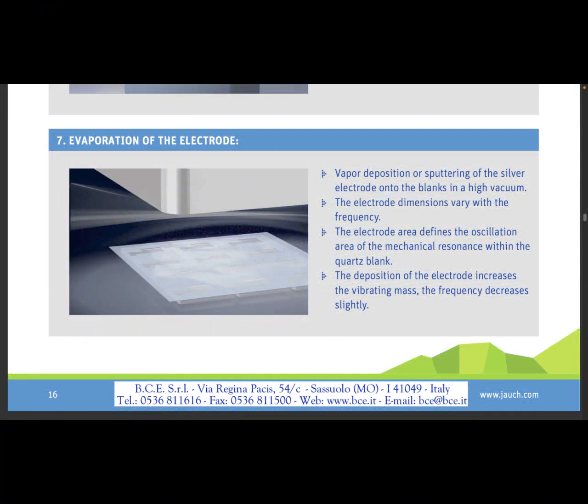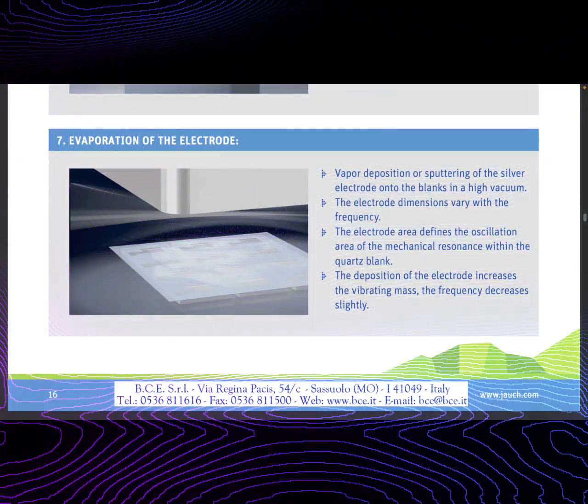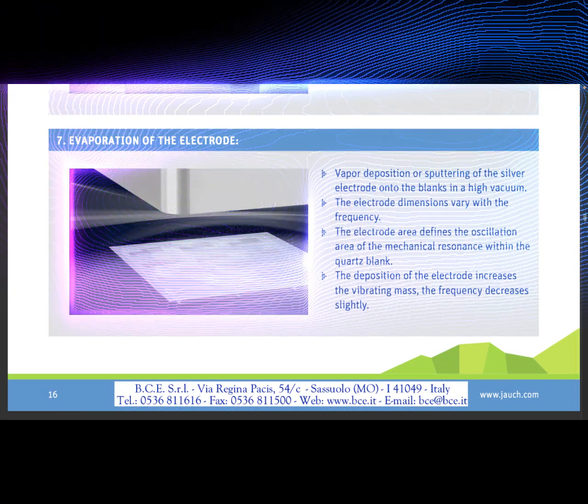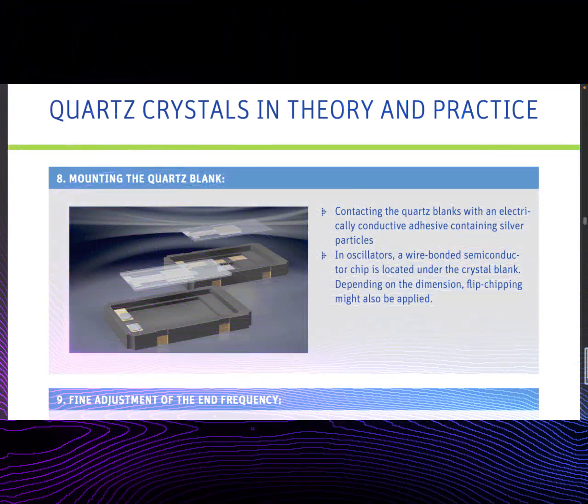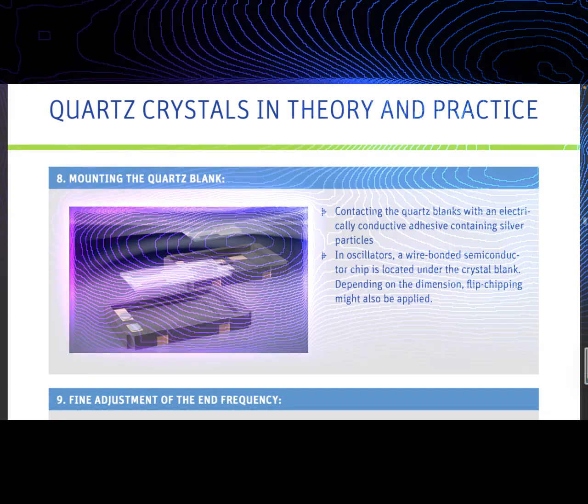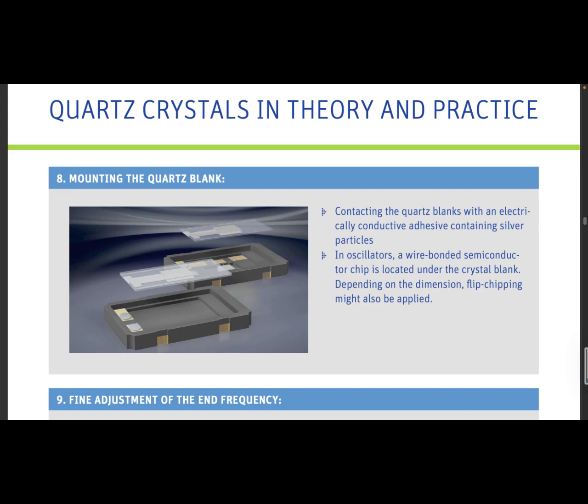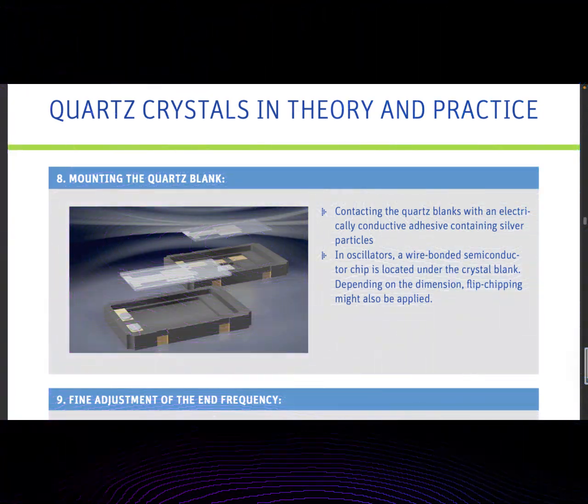This is affected by the gain and the load capacitance. Lower ESR requires a lower drive level and so results in lower power consumption. Lower ESR also means the oscillator starts up more easily.